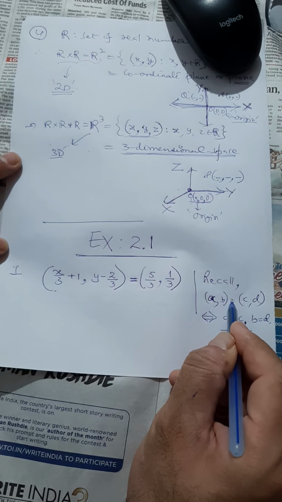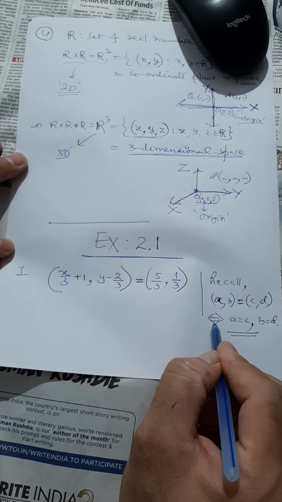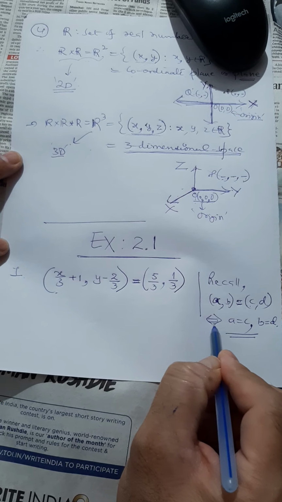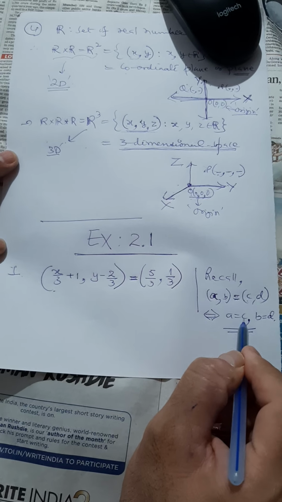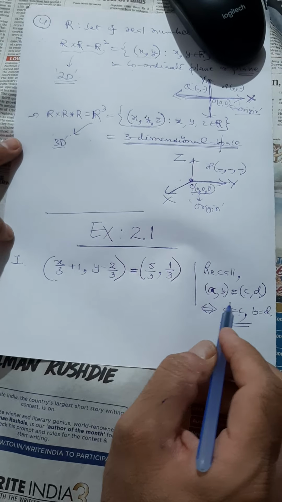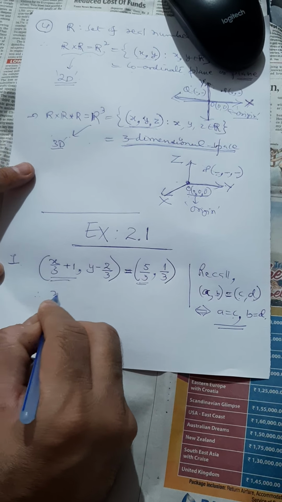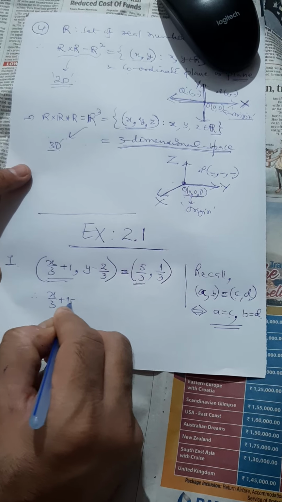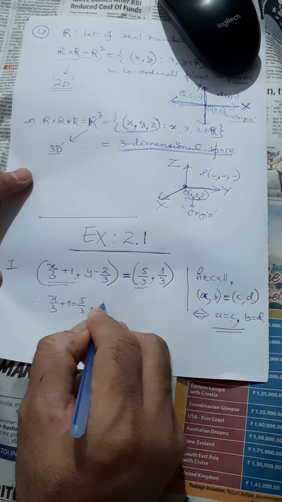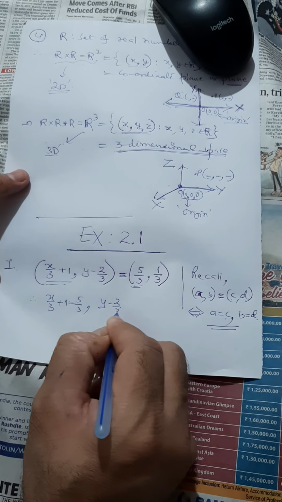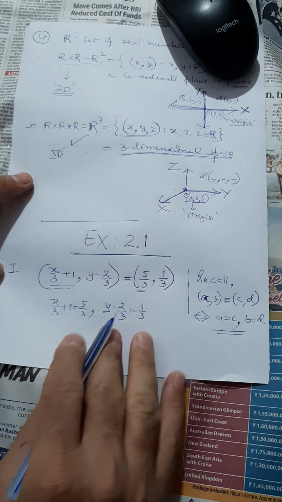A comma B equals C comma D if and only if both ways, first equals first, second equals second. So here we use this concept. So this equals 5 by 3. x by 3 plus 1 equals 5 by 3, and y minus 2 by 3 equals 1 by 3.